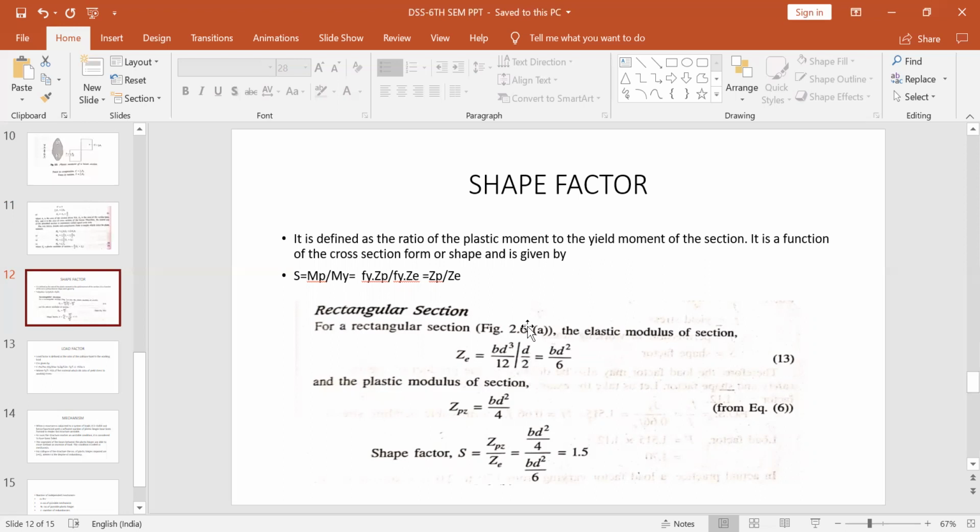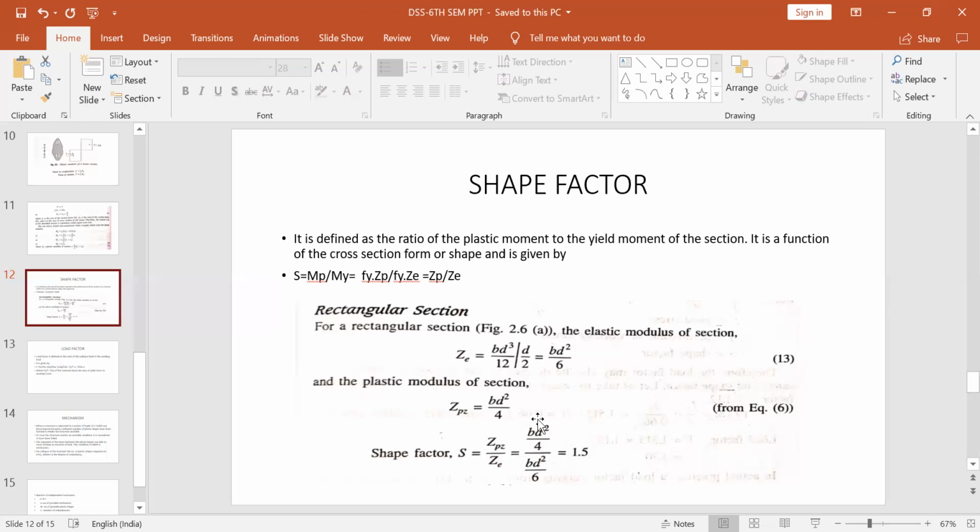In a rectangular section of depth D, Y bar will be D by 2, obviously. So this will be BD square by 6. This you already know: for a beam of breadth B and depth D, it is the elastic section modulus. Plastic section modulus, which you have already derived earlier, is BD square by 4. Now with BD square by 6 and BD square by 4, the shape factor will be Zp by Ze, that is BD square by 4 divided by BD square by 6. It is 1.5. So for a rectangular beam, the shape factor is 1.5.